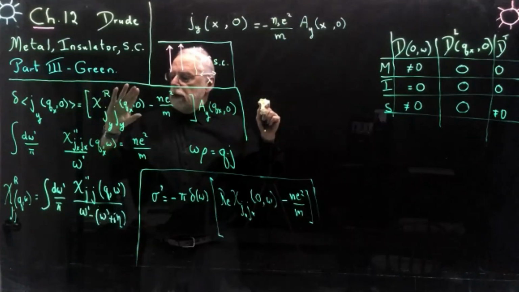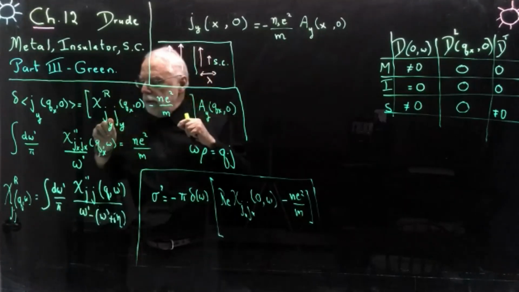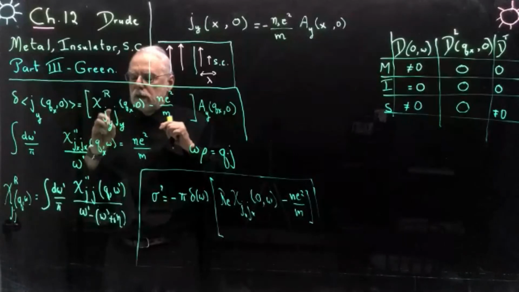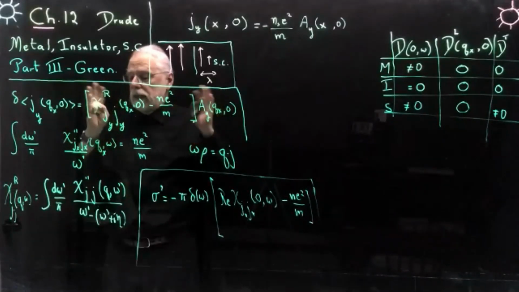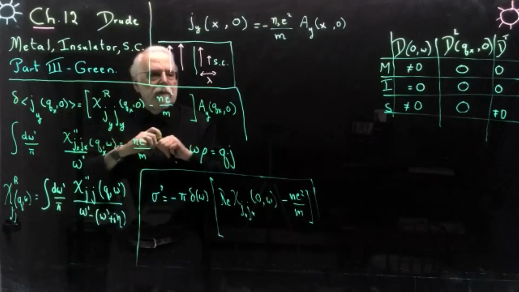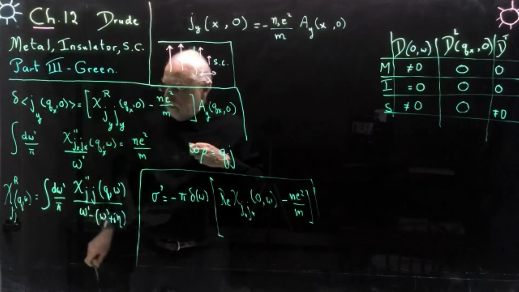And in a superconductor, this will not vanish because J becomes a thermodynamic quantity. And in addition, there's long-range order. We have not discussed that yet, but I will discuss long-range order in the momentum. But you can think of J as being, okay.